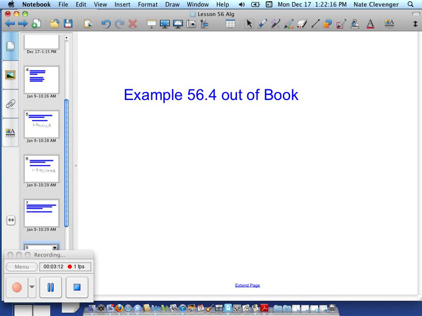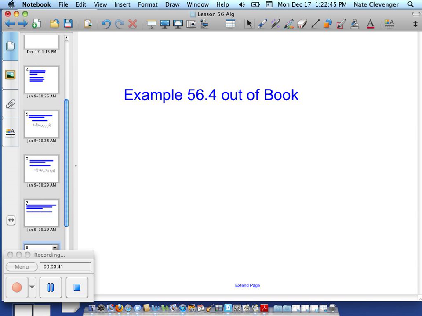Is 6 in the set L on page 229? Halfway down, 56.4. Is 6 an element of L? Does it show up in L? So is this statement true, that 6 is an element of L? No, so that is a false statement.